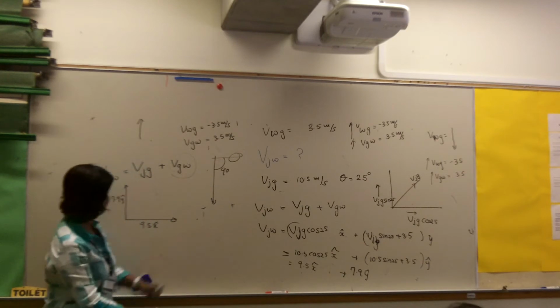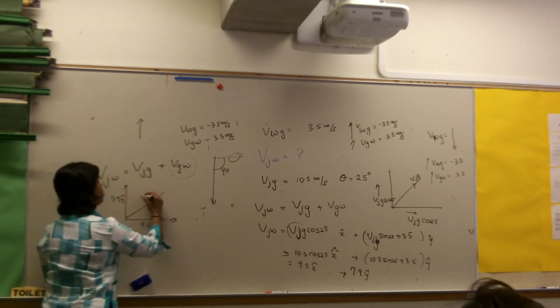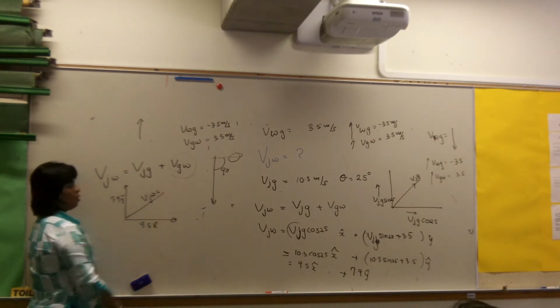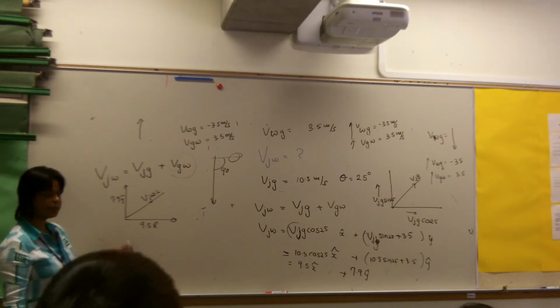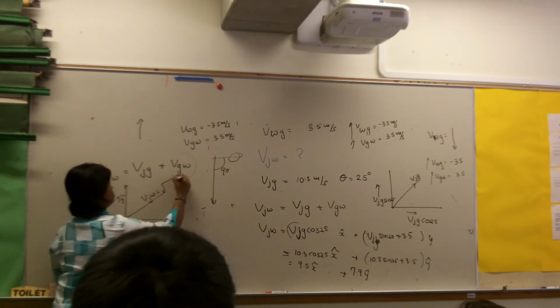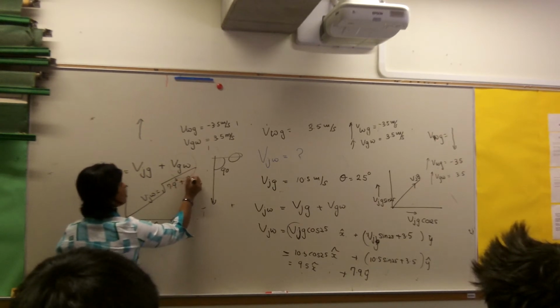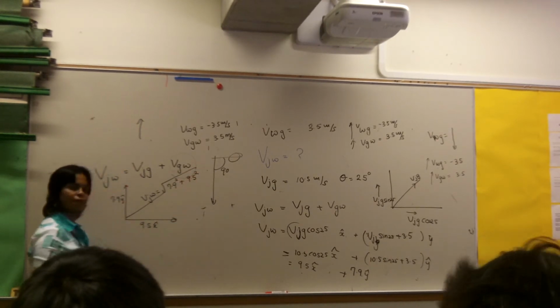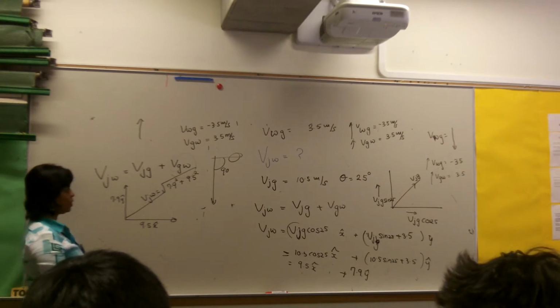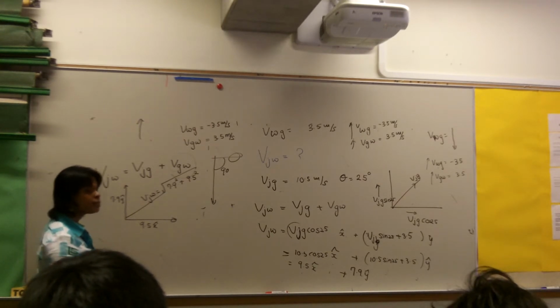So, can we find VJW therefore? Hello? How do you find VJW? We have to use the Pythagorean theorem. 7.9 squared plus 9.5 squared. What do you get there? 12.36.